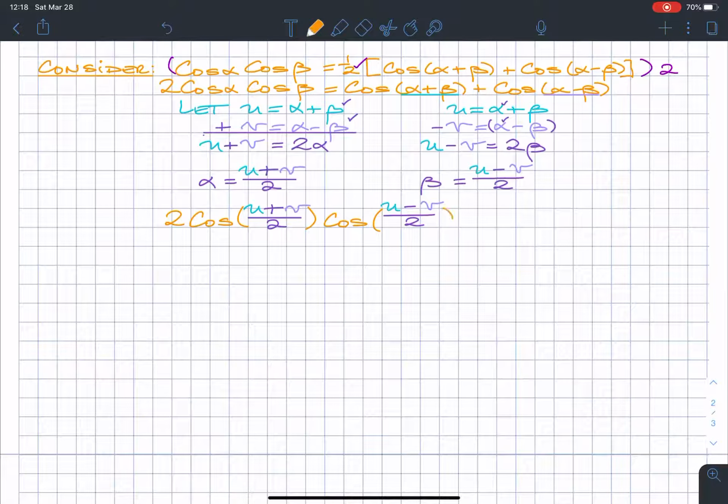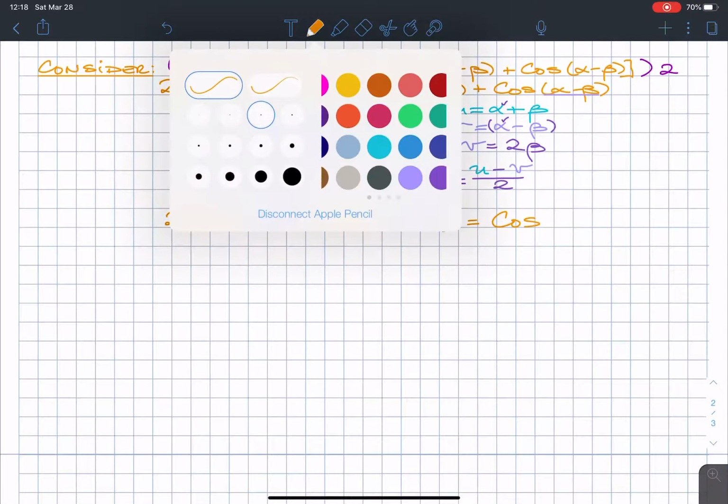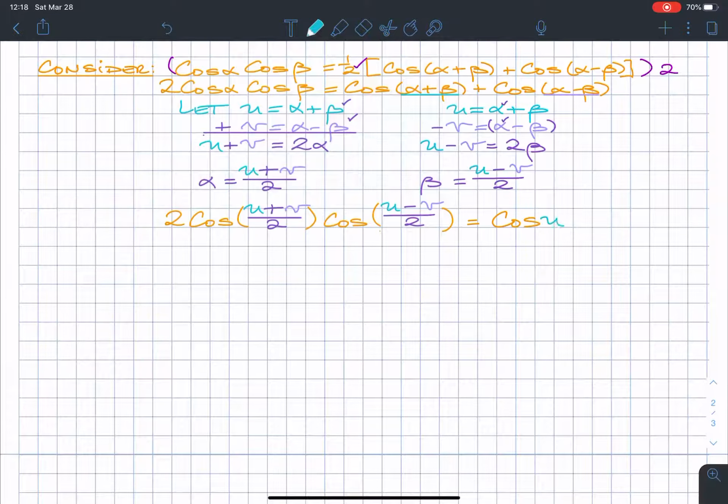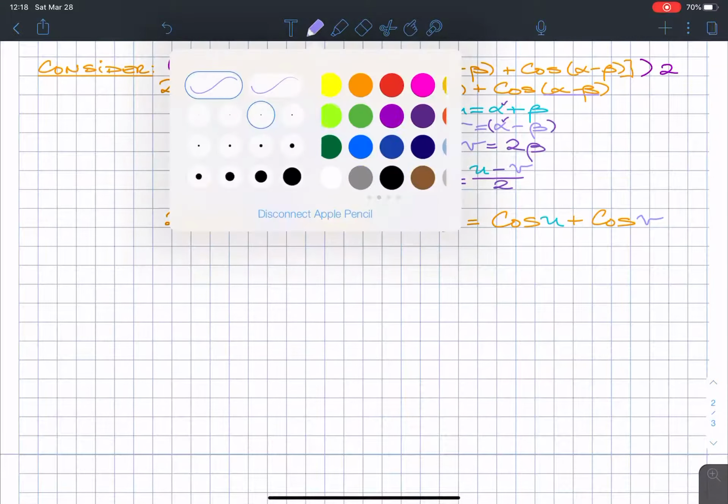Yes, on the left. But let's look at what happens on the right. So on the right now, I'll have cosine of alpha plus beta, which is just u, plus cosine of alpha minus beta, which is now just v. Okay. So let me go ahead and put a box around that.